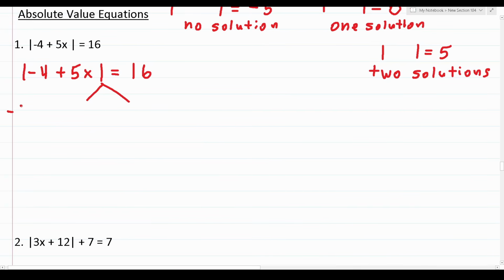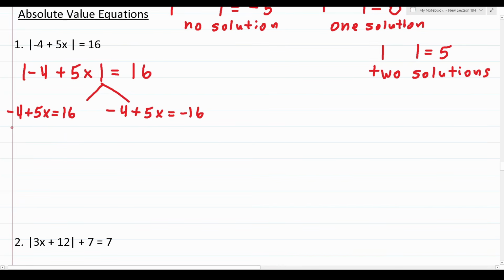We're going to have negative 4 plus 5x equal to 16. That's going to be one of our solutions. And then another one of our solutions is going to be negative 4 plus 5x equals negative 16. All right, so by solving each of these equations for x, we'll know what our two solutions are.